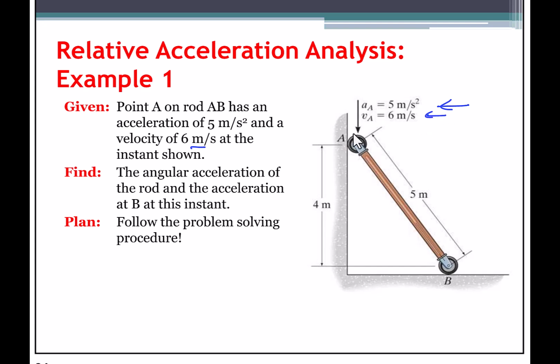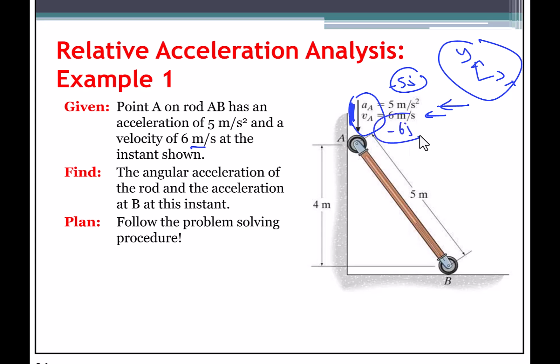So at this point A, we have these values, not angular but in the absolute x and y directions. So this is minus 5j if this is the x and y, so we don't get confused, and this one is minus 6j meters per second. They all come this way.